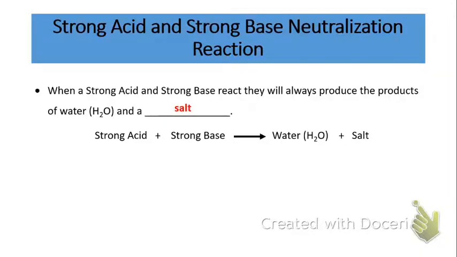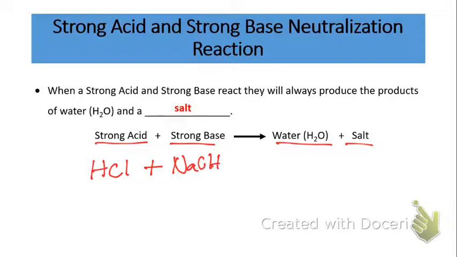As shown in this example, where you have a strong acid, it's going to react with a strong base, it's going to produce water and some kind of salt. Let's use the strong acid, hydrochloric acid, and the strong base, sodium hydroxide, and we're going to react them together.